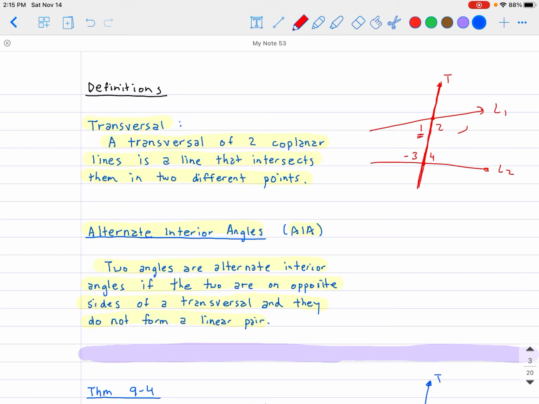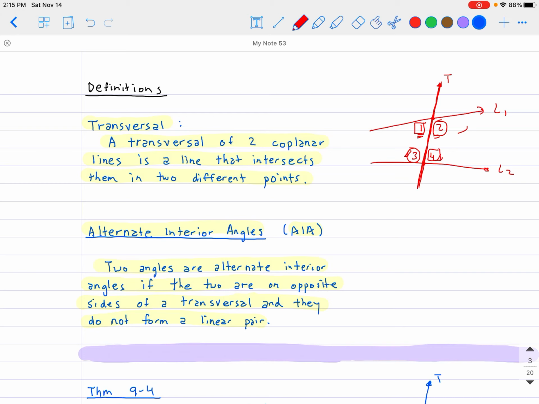Now, if we look at 1 and 2, that doesn't work with our definition because they form a linear pair, and that's not what I want. Nor can I choose 3 and 4 because they also form a linear pair, even though they're on opposite sides. So 3 and 2 are going to be alternate interior angles, just like number 1 and number 4.